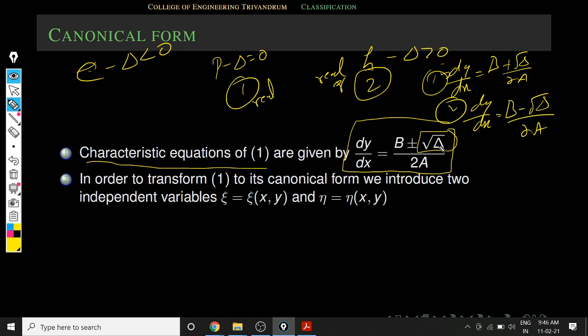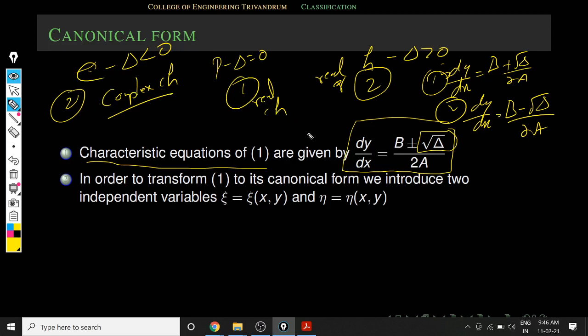Complex. Since the square root of delta is a complex number, we have two different complex characteristics. So in the case of hyperbolic, we have two real characteristics. In the case of parabolic, we have one real characteristic. In the case of elliptic, we have two complex characteristics.